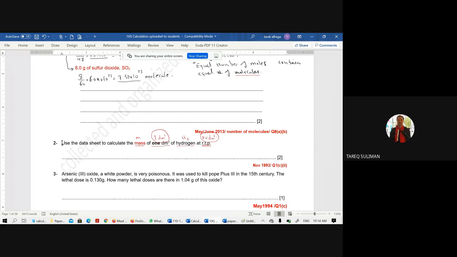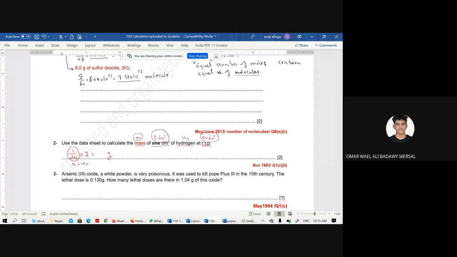First of all, can we find the number of moles of this gas? Yes. Because we can find the number of moles, we multiply it by Mr, then we find the mass. Number of moles for gases is V over 24. Multiply it by Mr, which is 2. Then we find how many grams the mass of 1 decimeter cube is.